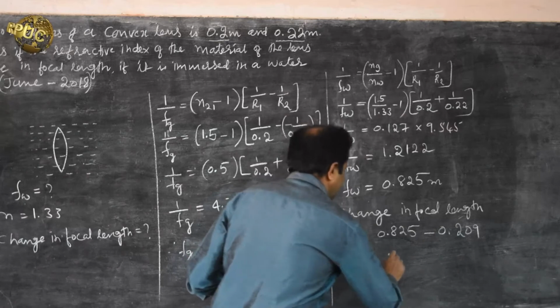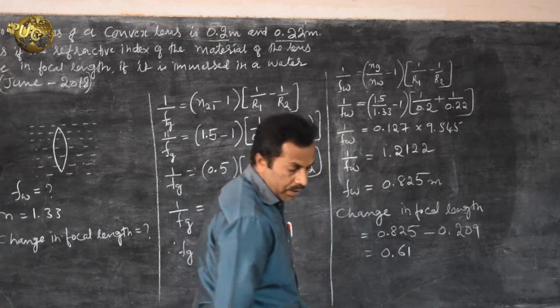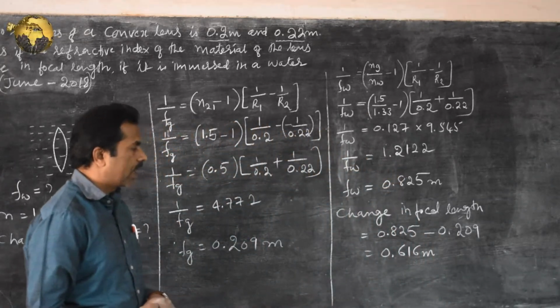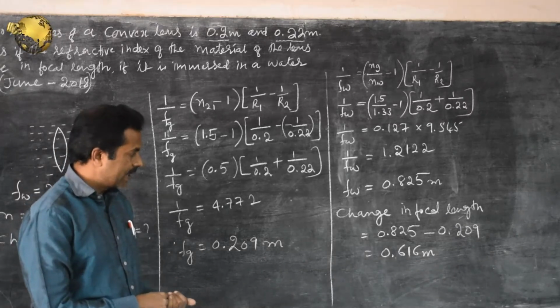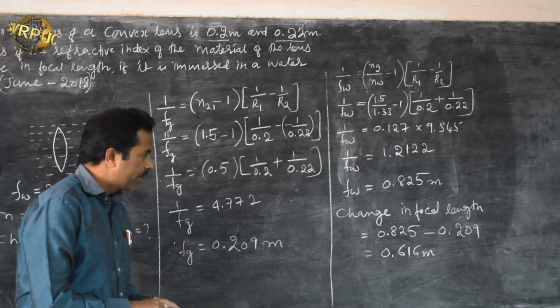So this will become 0.616 meter, which is the change in focal length from the previous one, and the final focal length of the lens system.